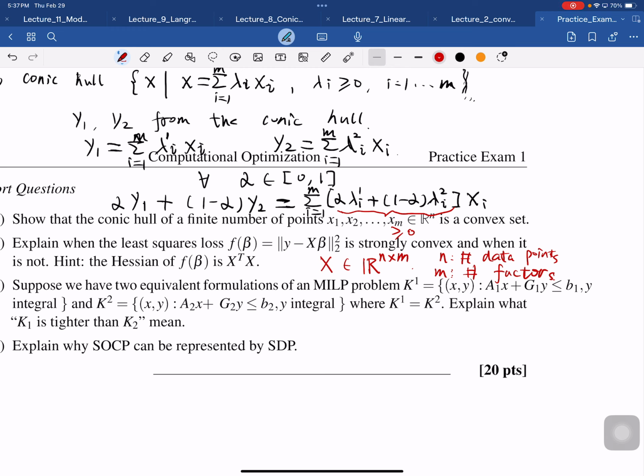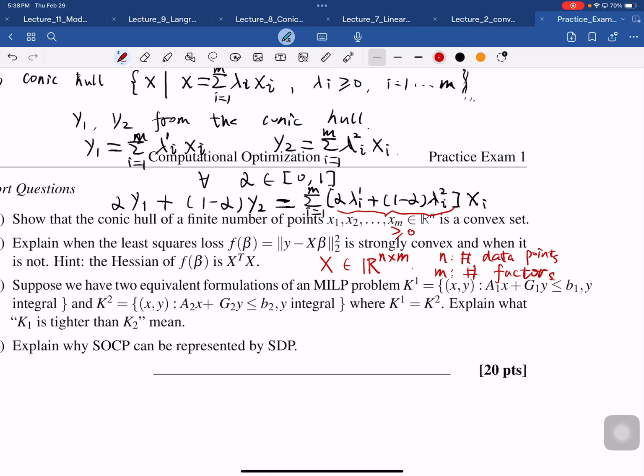So if you only have a one-dimensional linear regression problem, m equals 2, so you have a slope and the intercept. And n is the number of data points. So you are trying to fit a linear model such that given x you can predict y, and of course y is an n-dimensional variable.